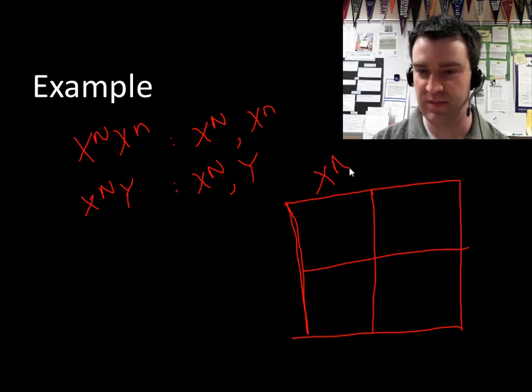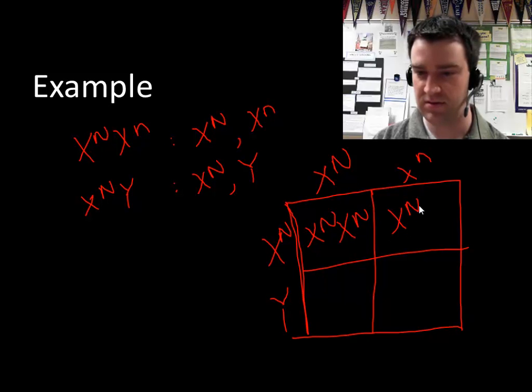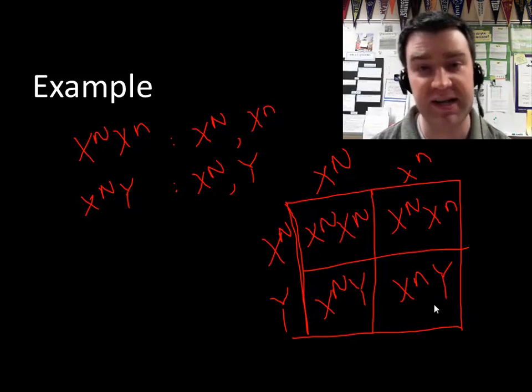So here is mom, here is dad. When we show the results, we get this. So let's analyze the Punnett square.